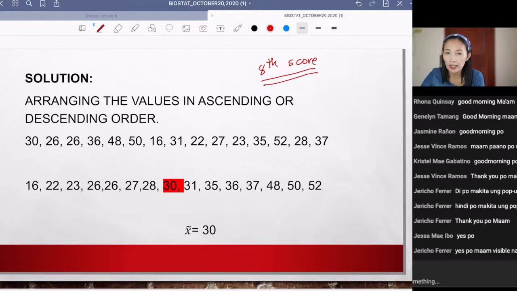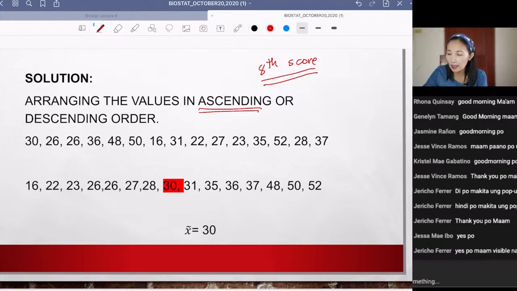But prior to identifying the 8th score, arrange the values from lowest to highest, or in an ascending manner: 16, 22, 23, 26, 26, 27, 28, 30, 31, 35, 36, 37, 48, 50, 52. So this is also one technique.